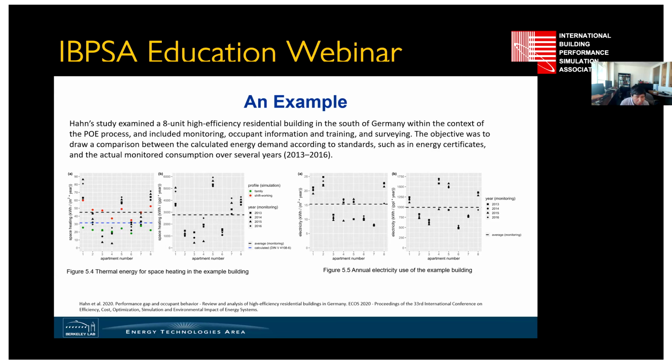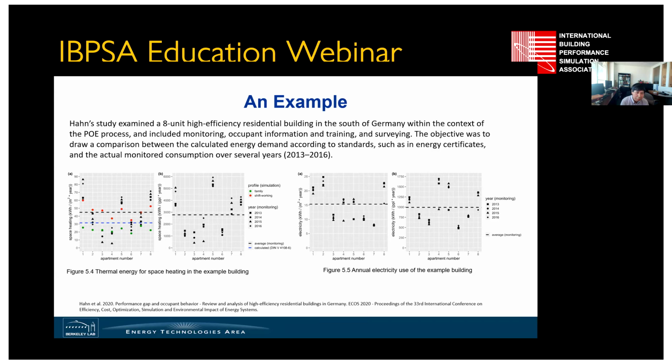So the figure on the left shows the space heating, and this is from the district heating system that serves the entire multifamily building, which has 8 apartment units.